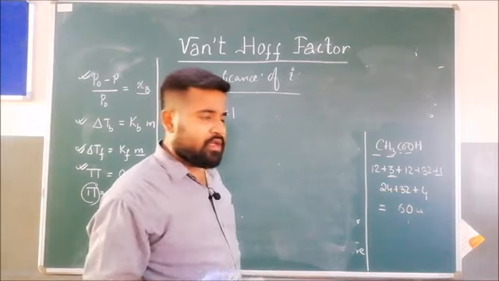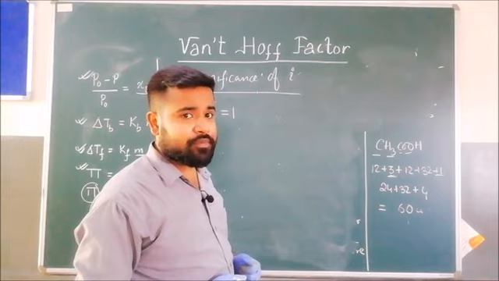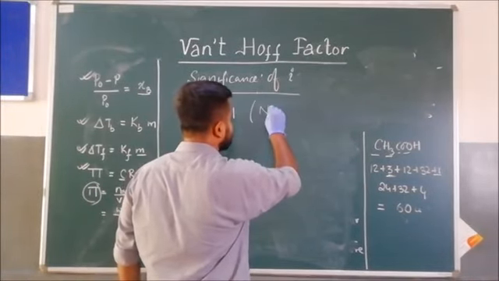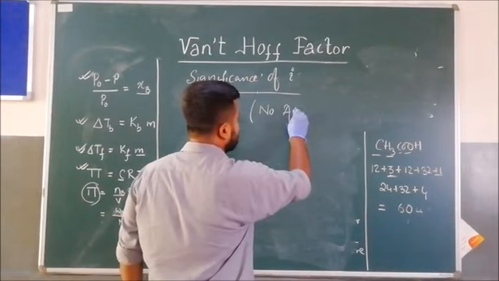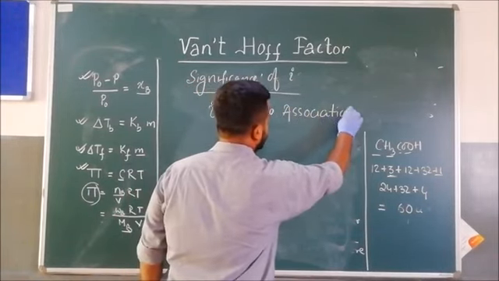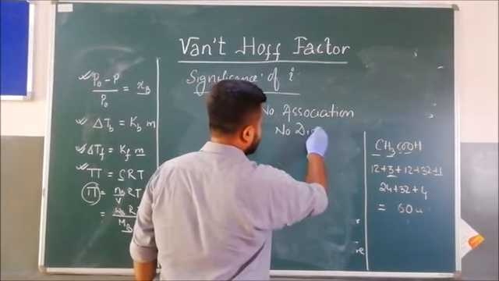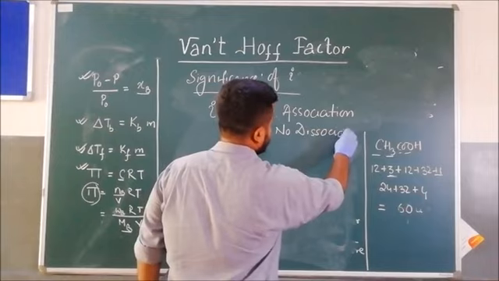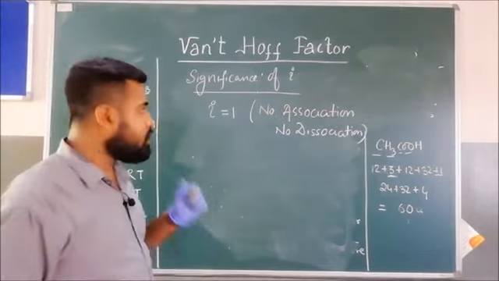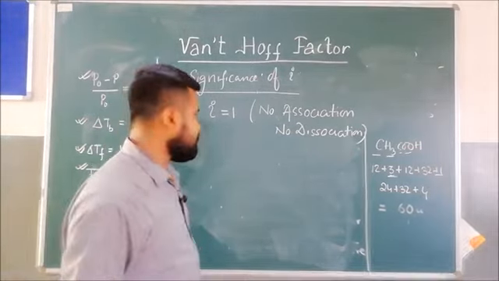Normal by abnormal, meaning observed colligative property by calculated colligative property is the same. It means there is no association or dissociation. Clear? So if the i value is exactly equal to 1, there will be no association and no dissociation.